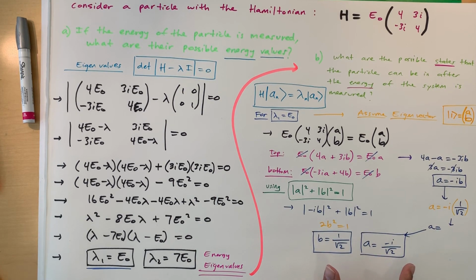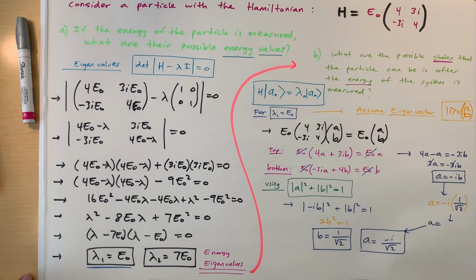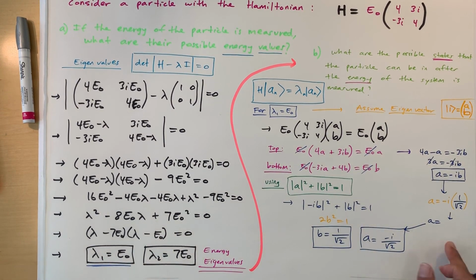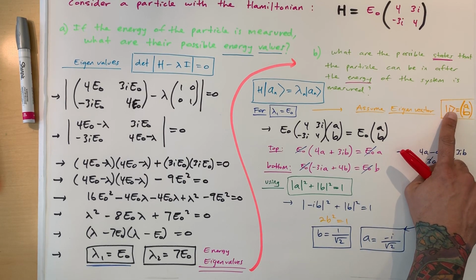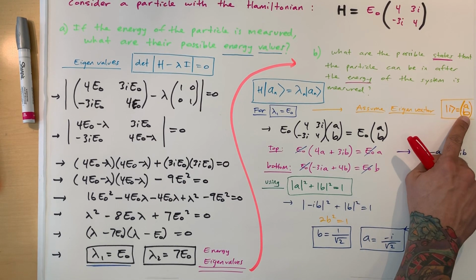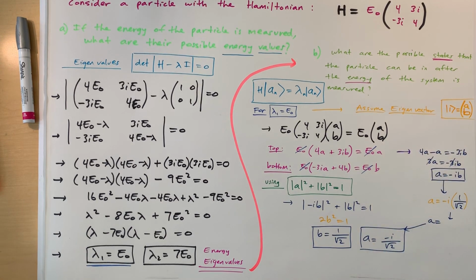Okay, so now we found our a and b, and let's write our state vector. Let me move this up a little bit. Let's write it in red. We assumed initially our eigenvector was 1, denoted as 1, and a and b for the constants we didn't know.